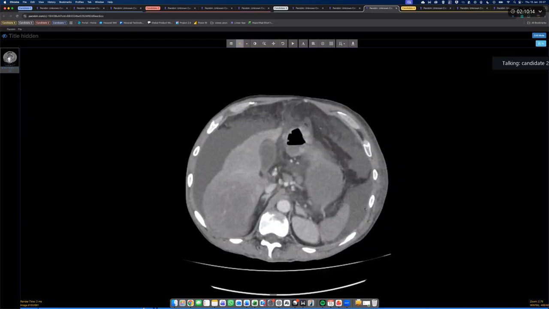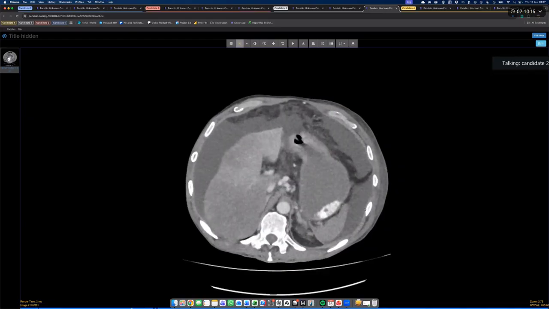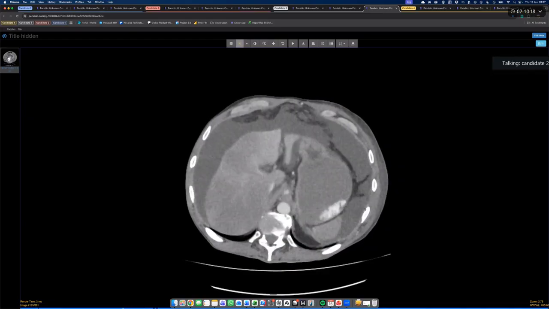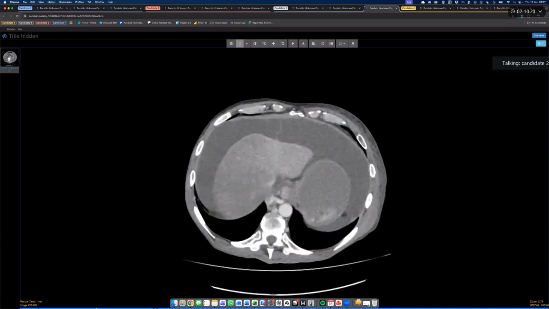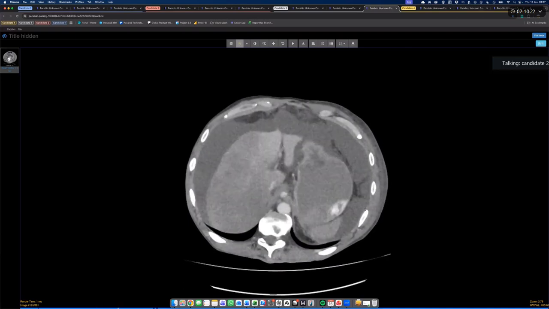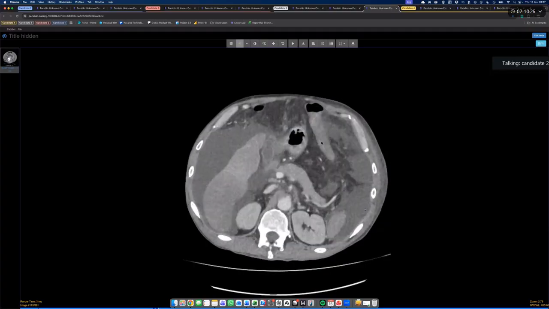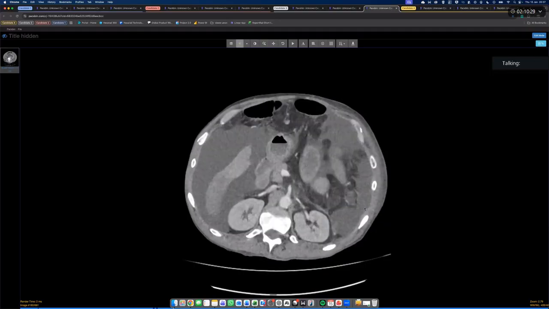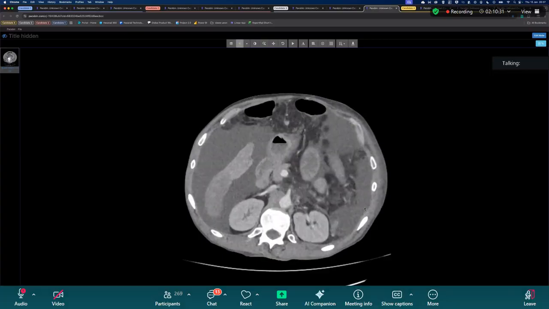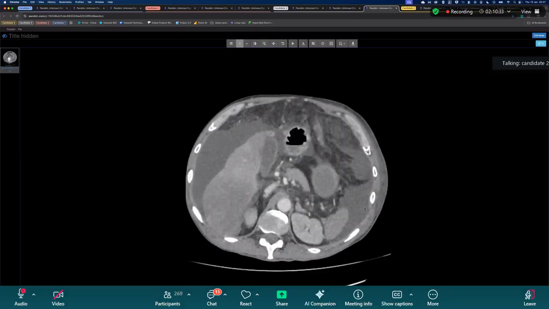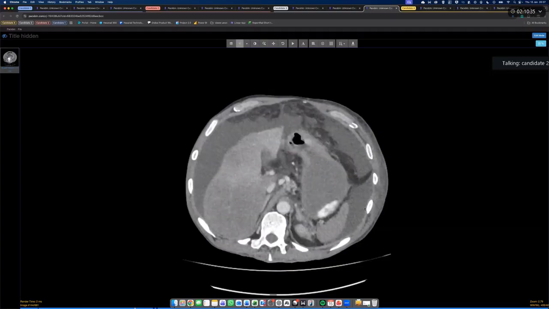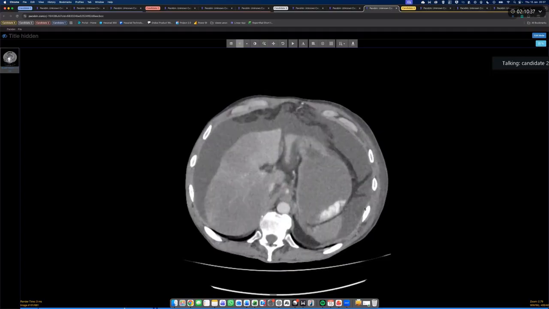I can appreciate the liver is heterogeneously enhancing in this phase, predominantly the right lobe; the left lobe and segment 4 appear unremarkable. In this portovenous phase, I cannot appreciate any significant contrast extravasation.